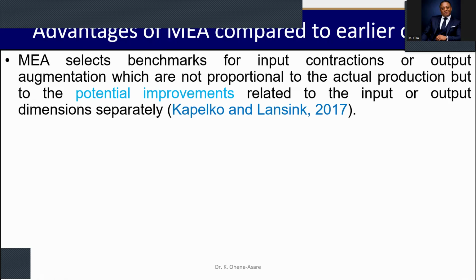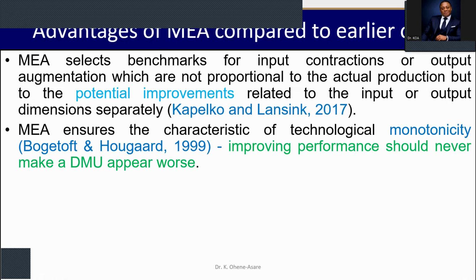So each one, and we'll show that graphically very soon. The other advantage is that it ensures the characteristic of technological monotonicity. This word was introduced by Bogetoft and Hougaard, and it was one of the interesting things they spoke about, technological monotonicity. Now, what is that?